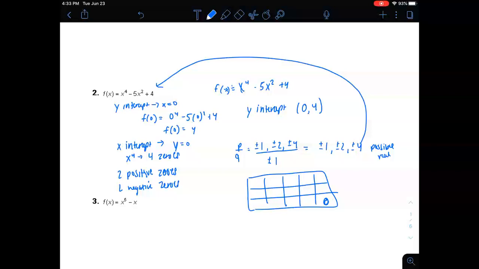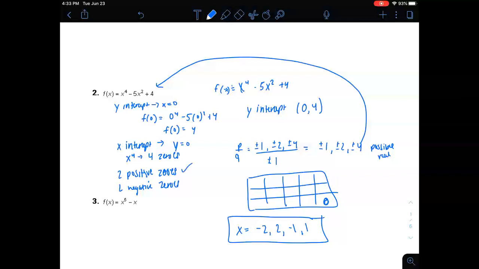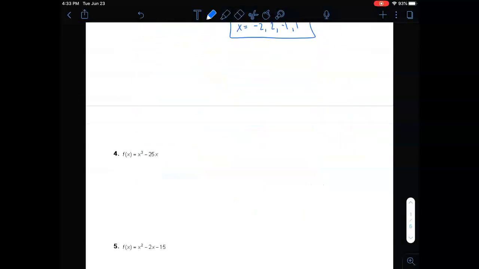All right, and what we'll end up finding is that x is going to equal -2, +2, -1, and +1. Right? So it's going to give us our 2 positive zeros, our 2 negative zeros, and then we're going to end up having our 4 zeros total.